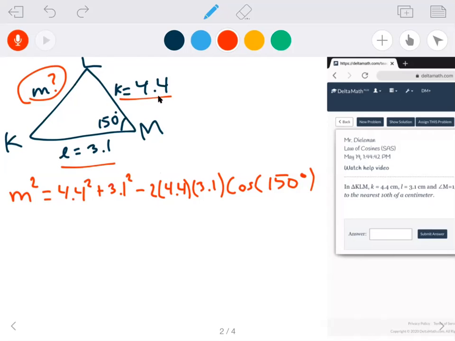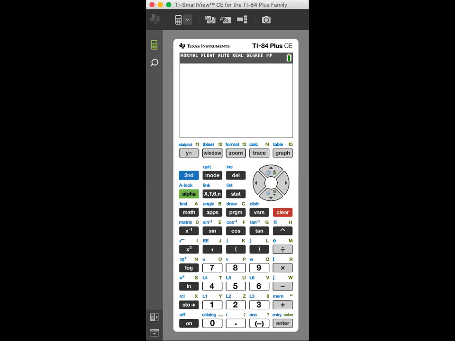Or maybe I could do my desktop. Calculator, here we go. And you hopefully should only be seeing the calculator, not my email. But anyway, so we've got 4.4 squared plus 3.1 squared minus 2 times 4.4 times 3.1.